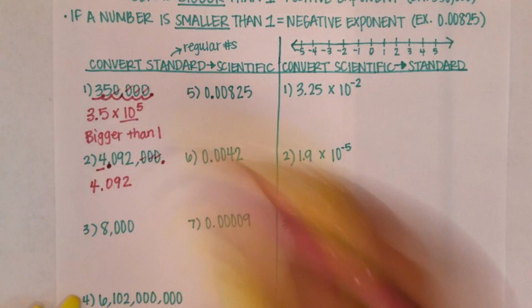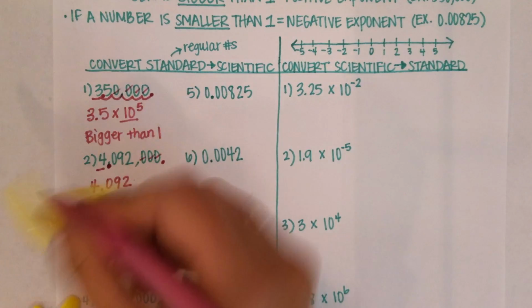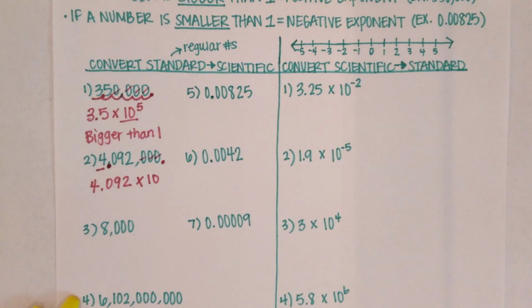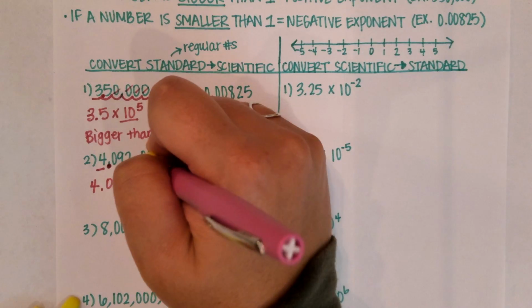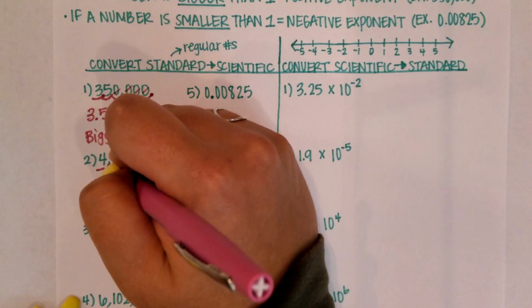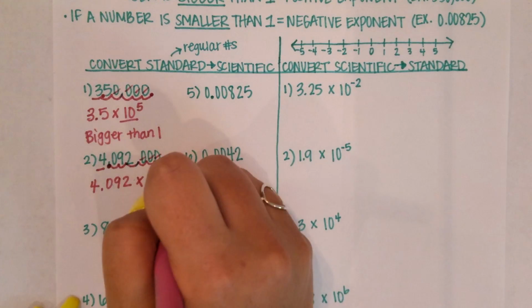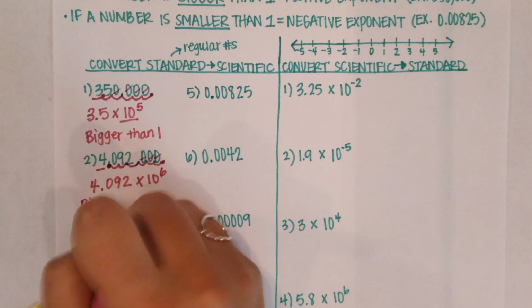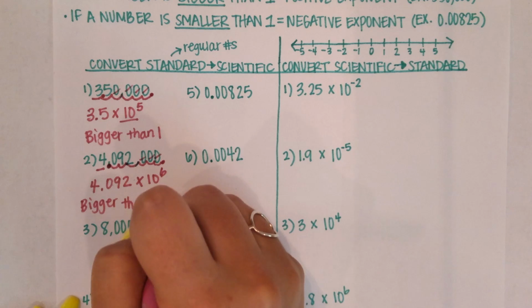Remember, I can cross off the zeros at the end, times 10. Now the exponent is how many times I moved it. So 1, 2, 3, 4, 5, 6.